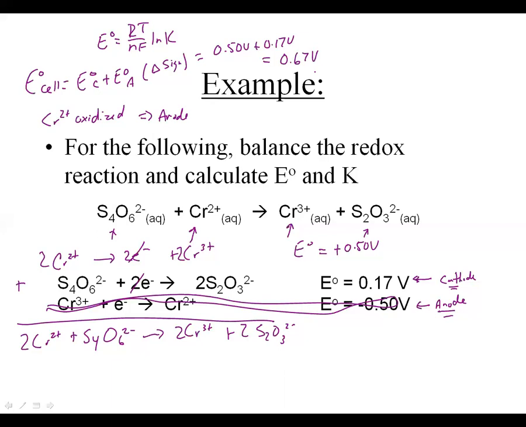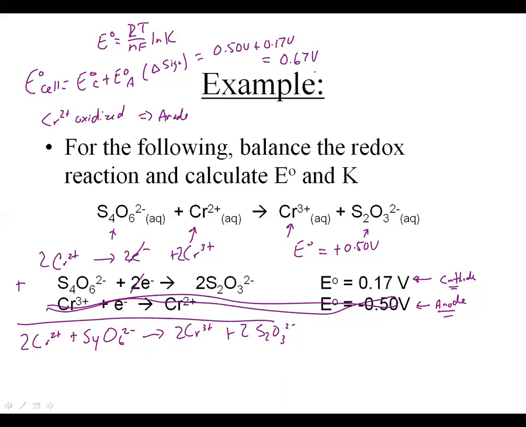So unlike a lot of things, when we multiply across, we change things like the delta H value gets multiplied, the K value gets squared or something like that. Here, though, the SRP value, the E value, will not be affected by having to multiply. So that's an important distinction, but we still have to multiply to balance out the electrons. Other questions on that?